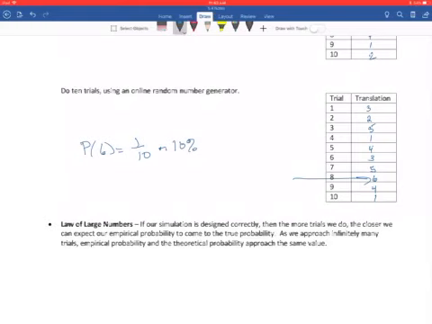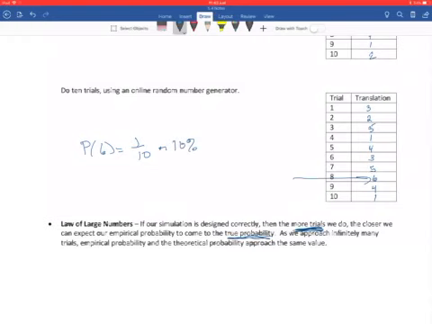What this leads us to is the law of large numbers. If your simulation is designed correctly, then the more trials you do, the closer that empirical probability should come to the true probability. As you approach infinitely many trials, the empirical probability and the theoretical probability should approach the same value.